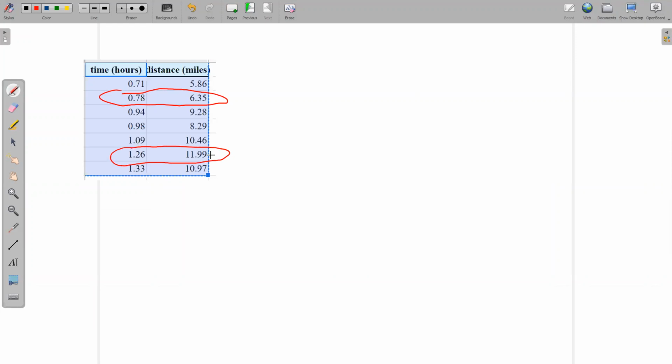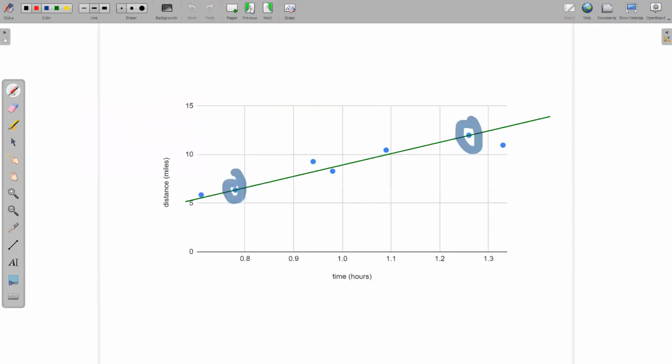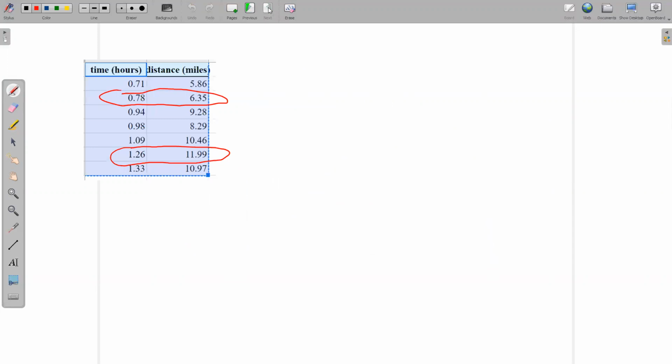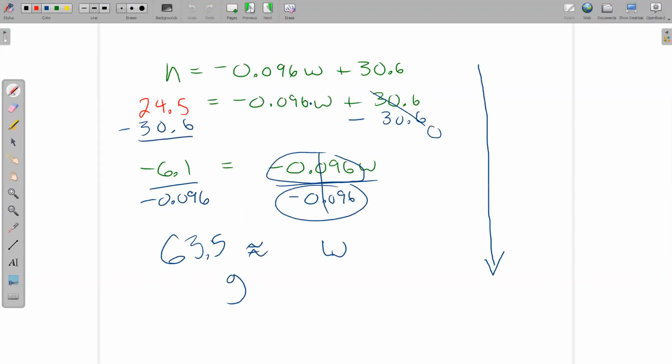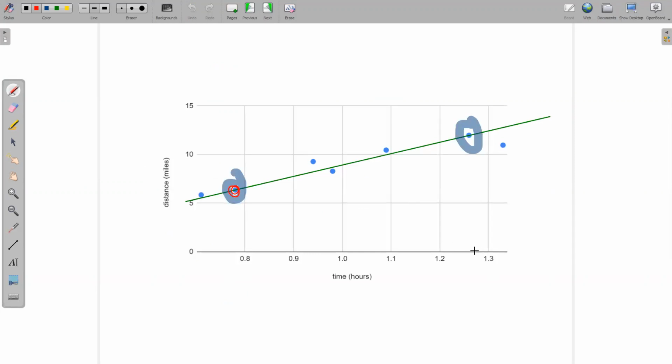I just want to double check I got the right points. This one says 0.78, 6.35, yep, that looks about right. And then the other point I picked, 1.26, 11.99, yep, that's that one.